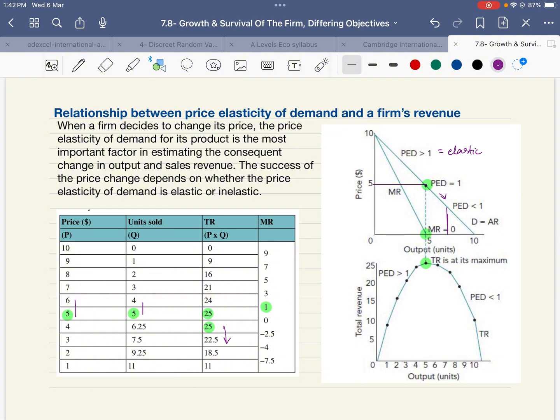Extra sales after this would contribute nothing towards total revenue because marginal revenue is going to be negative. Therefore, revenue is at its maximum where marginal revenue is equal to 0. There may still be supernormal profits if total revenue is higher than total cost, but that's not always the case.